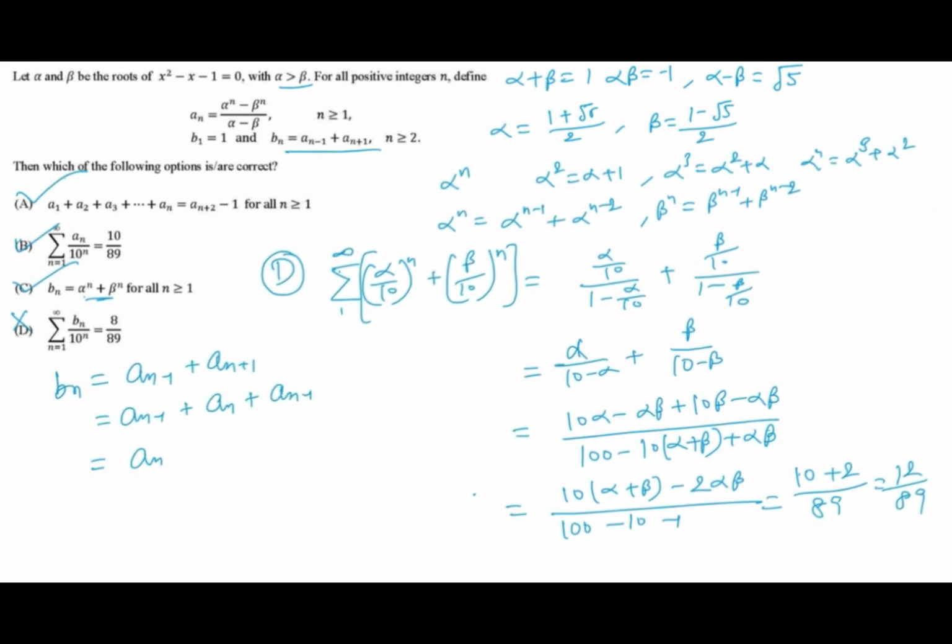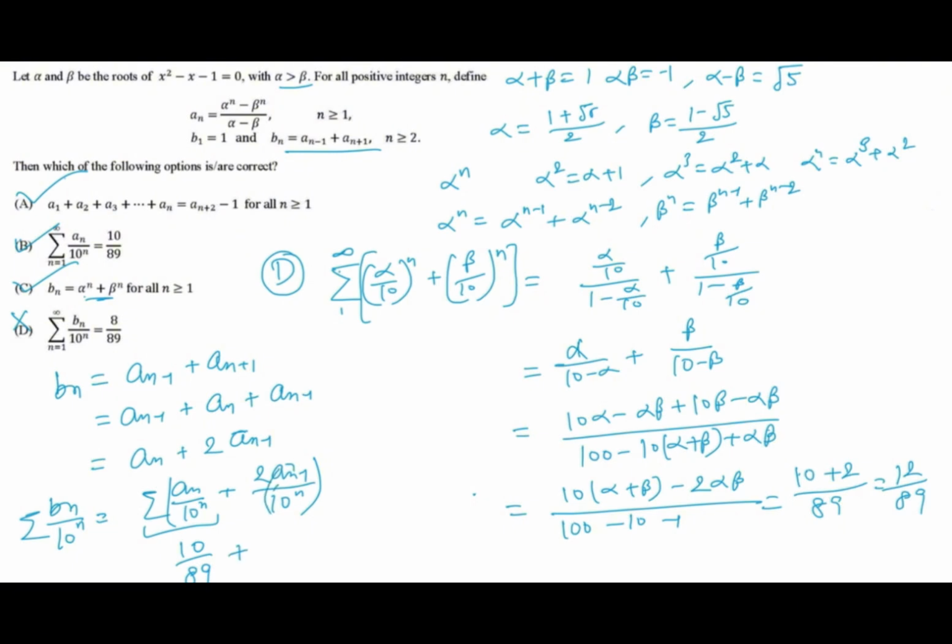So we have an plus 2 an minus 1, and we have to find the sum of this infinite series, which is equal to an upon 10 to the power n plus 2 an minus 1 upon 10 to the power n, and this value we already know from option B, which is 10 over 89.